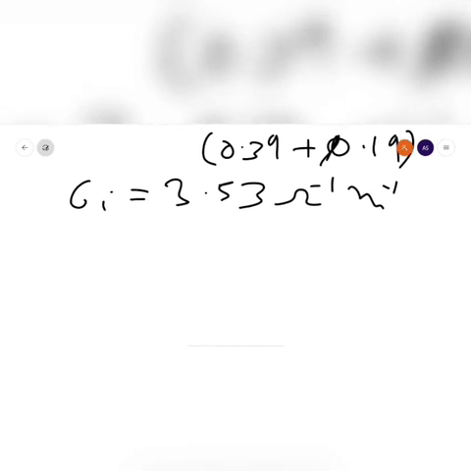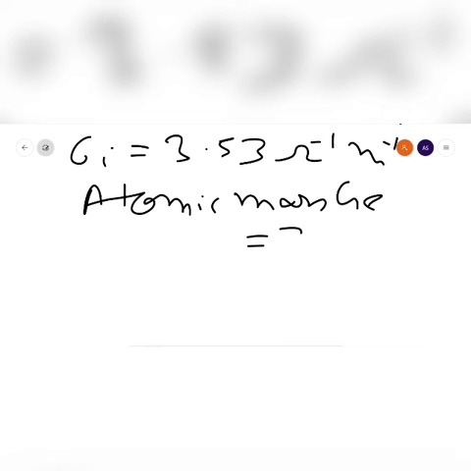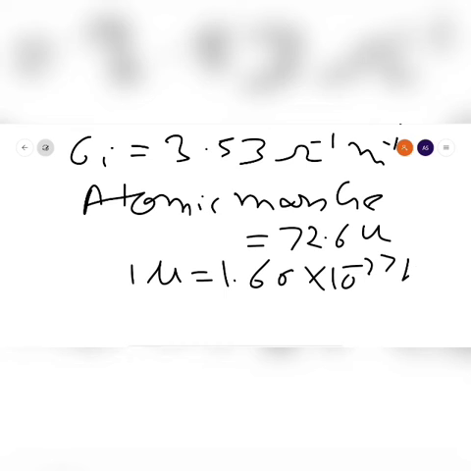Now you know the atomic mass of germanium is 72.6 u, and 1 u is equal to 1.66 × 10^-27 kg.